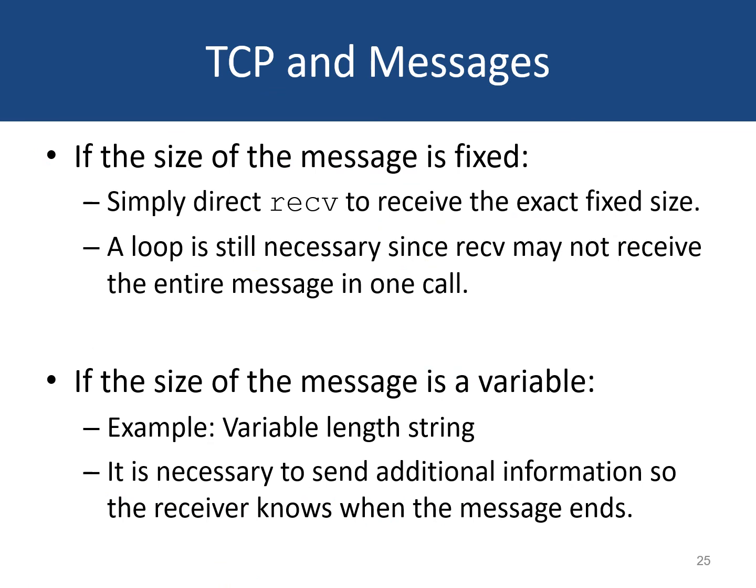So the question is, how do we check whether the message has fully arrived? Now there are multiple possibilities here. The first possibility is, let's say the size of the message that was sent is fixed and we know the size. So for example, let's say we know that the sender sent exactly 30 bytes. In this case, we can direct the receive function to receive exactly 30 bytes of data from the socket.